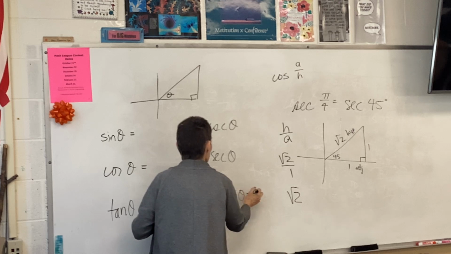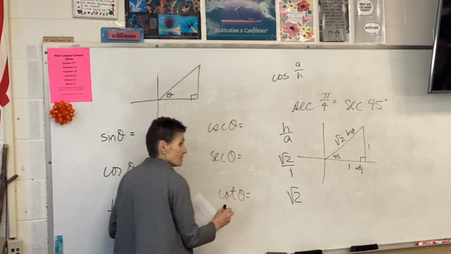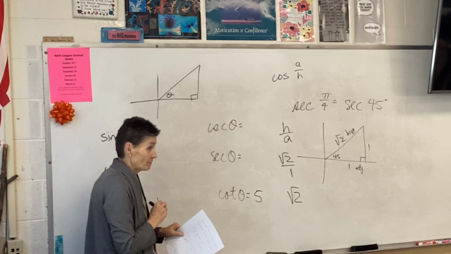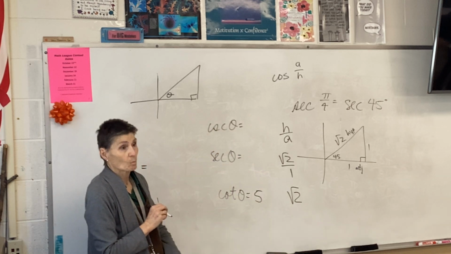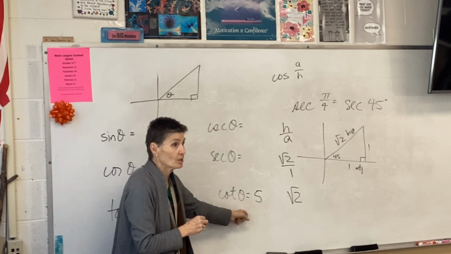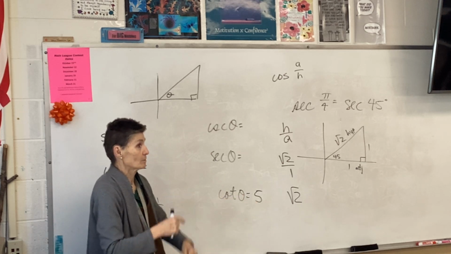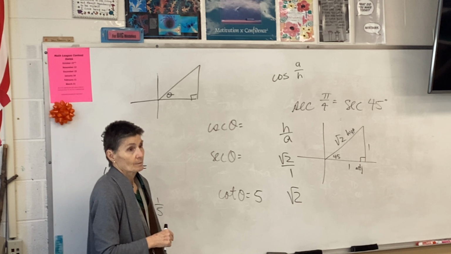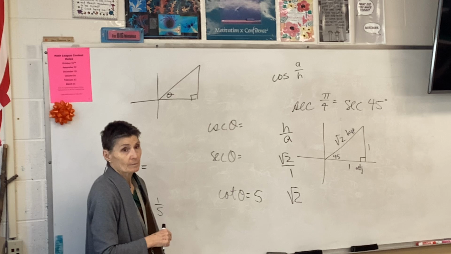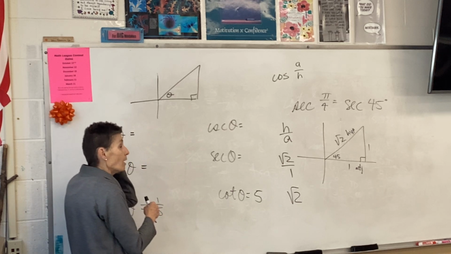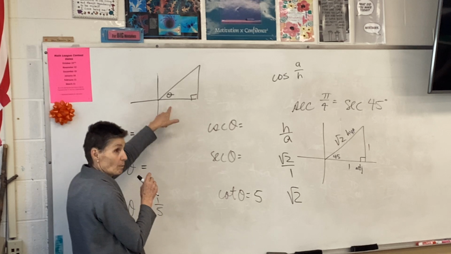That automatically means the cotangent is 5, because what's the relationship between the tangent and the cotangent? Reciprocal. Right? All right, now, where do I go from here? Pythagorean theorem. Okay, well, first of all, I'm gonna label my triangle.